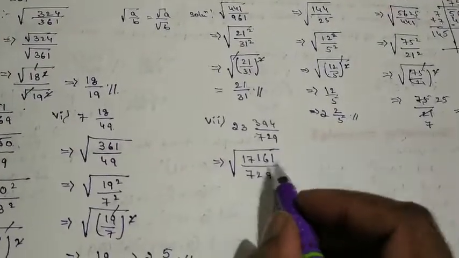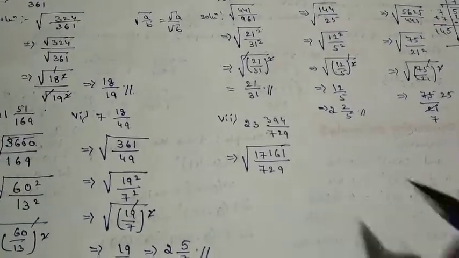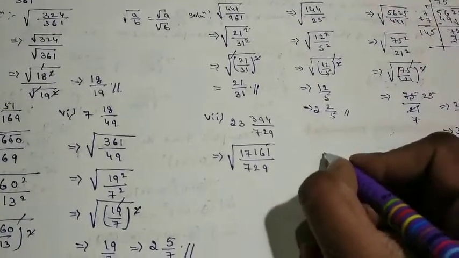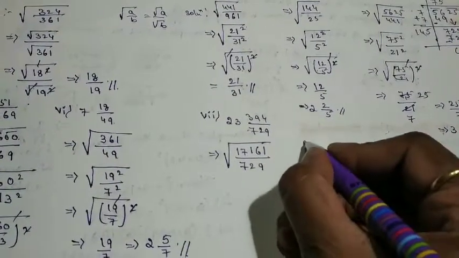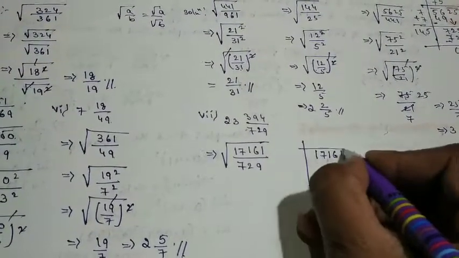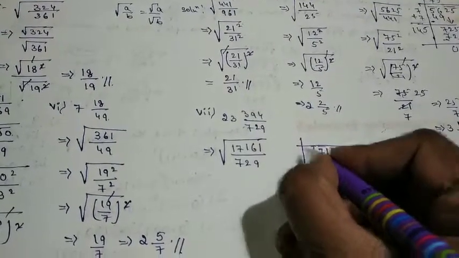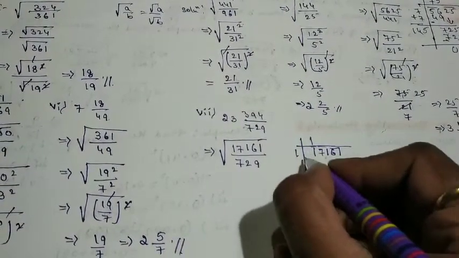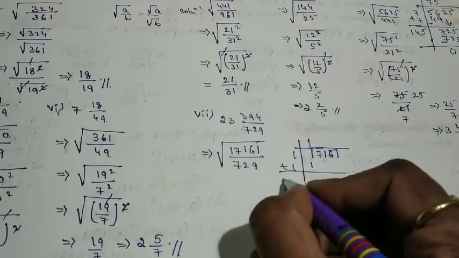It is difficult for me to find the square root of 17,161, so I'll go for long division. I'll make the periods from the right. The first period is 1. We know that 1 is a perfect square, so 1 one is 1. Add 1 to the divisor, we will get 2.